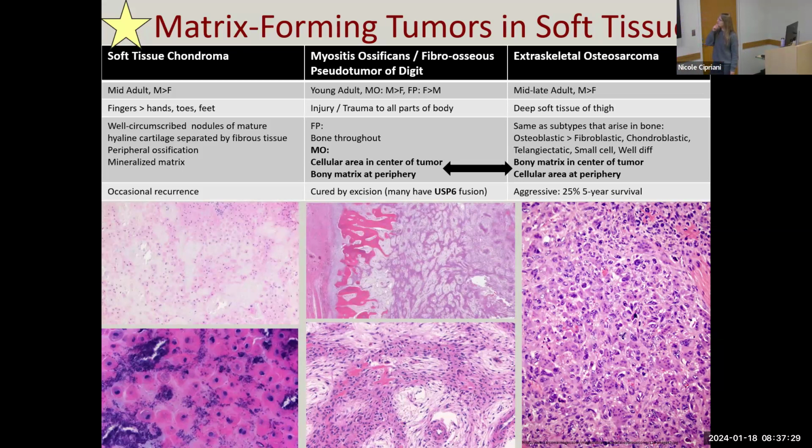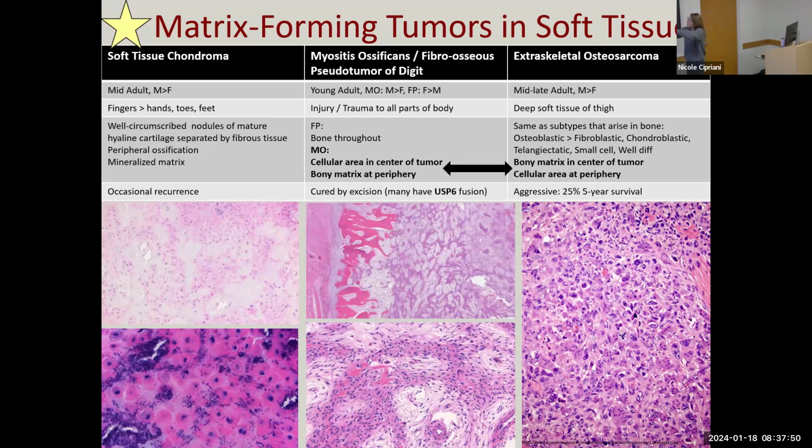Myositis ossificans, I like to think about it as an ossified variation of nodular fasciitis in the muscle. I'm not a splitter, I'm a lumper, right?